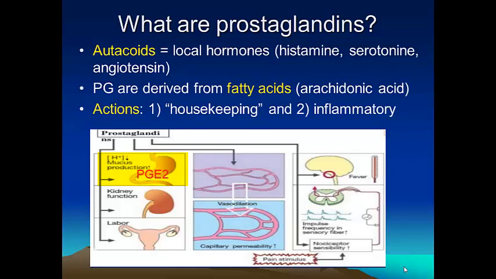Another role is protecting the blood perfusion in specific sites like the kidney. Another role is regulating the tone of the smooth muscle in the uterus. So we could say that all these are housekeeping duties of prostaglandins. In other words, they have physiological roles apart from the inflammatory roles.